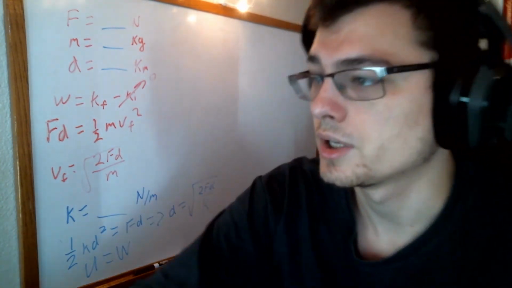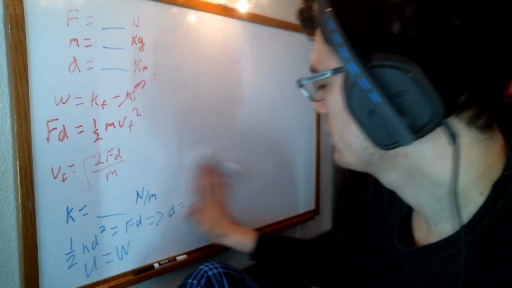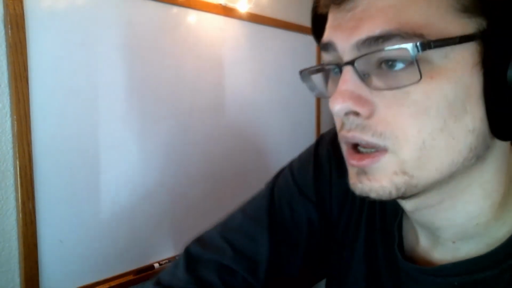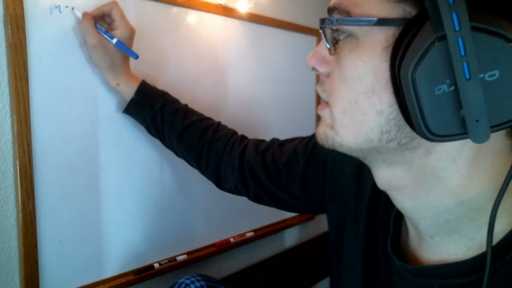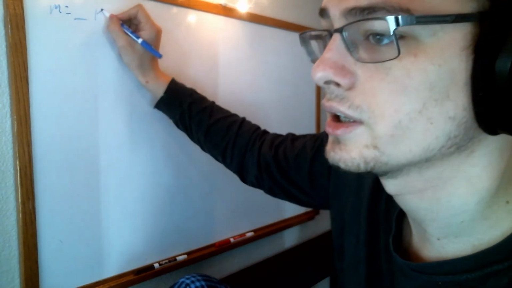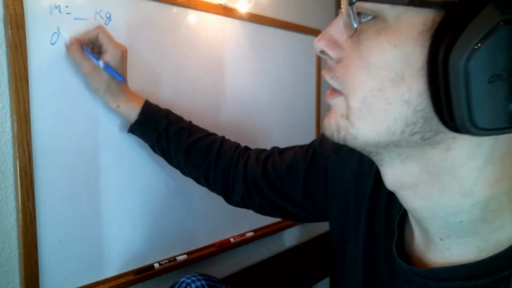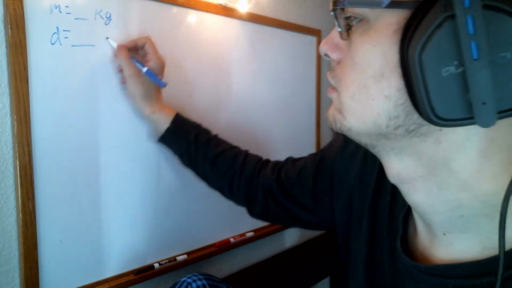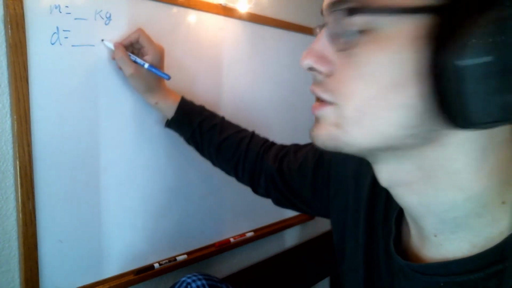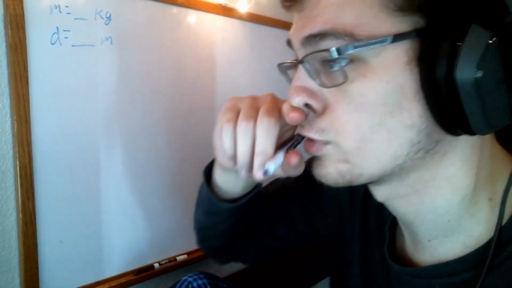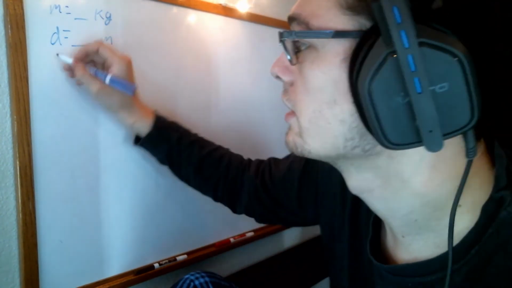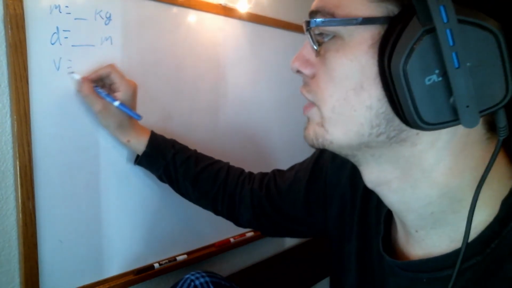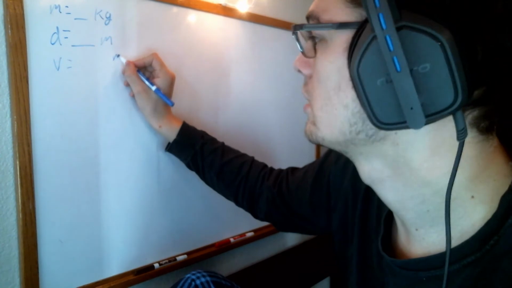Okay, so next up we have a skydiver jumping out of a plane, and the skydiver has some mass m in kilograms, and they fall a certain distance in meters before opening their parachute, and they reach a maximum v in meters per second.